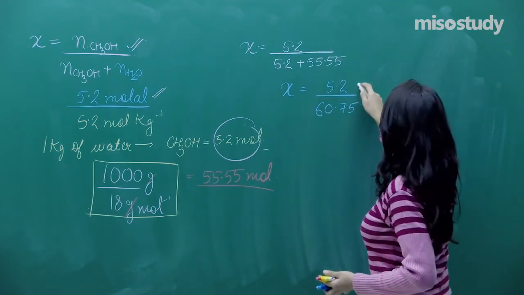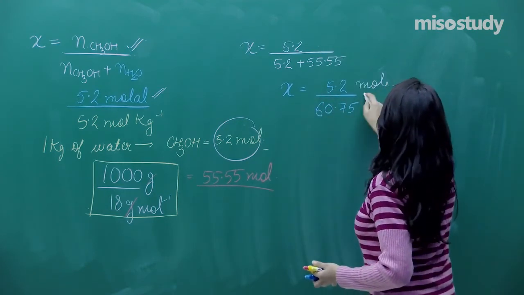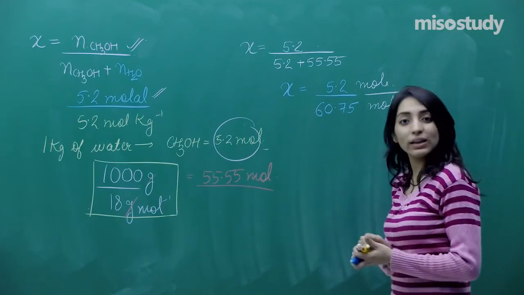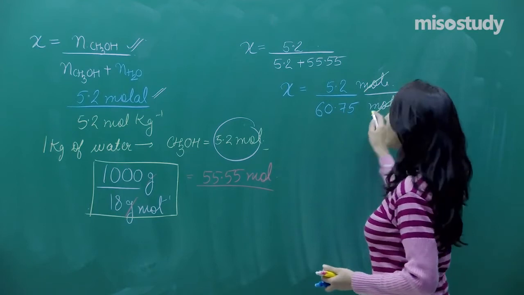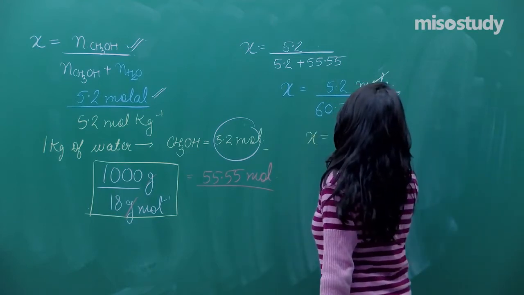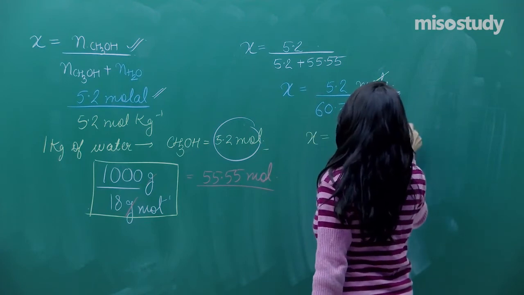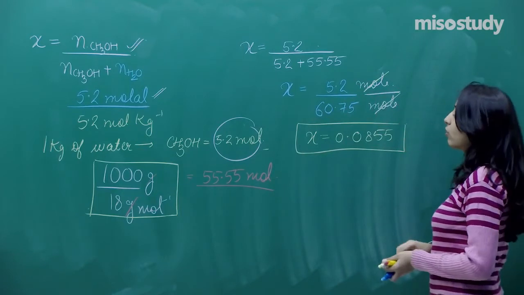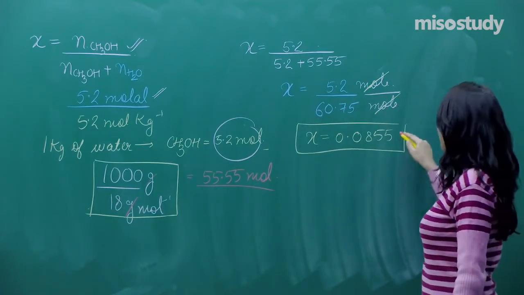See guys, this is moles and this is also moles. That means now the unit will get cancelled. So if the units get cancelled and if you solve it, the answer will come out to be 0.0855. That means the mole fraction of methanol will be something 0.0855.